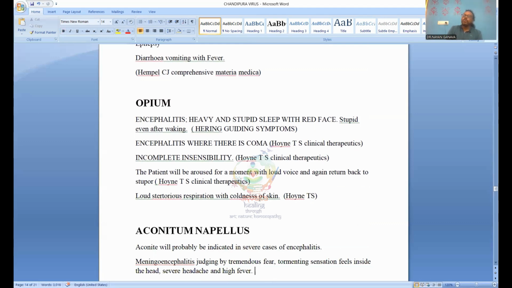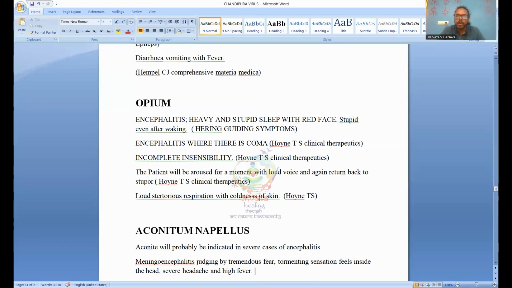Now, if we see opium, opium is indicated in late stages of Chandipura vesiculovirus infection when there is encephalitis with coma or unconsciousness. Encephalitis, heavy and stupid sleep with red face, stupid even after waking, that is what Hering's Guiding Symptoms has written.